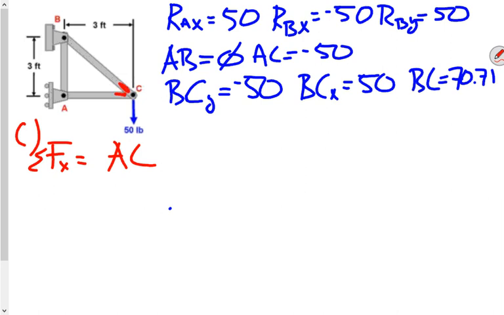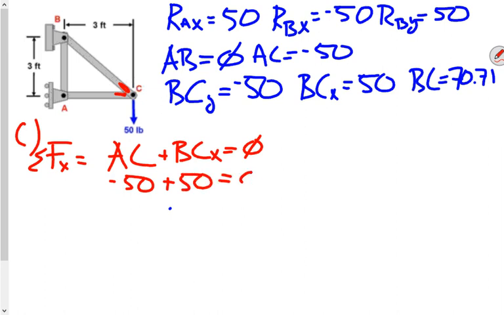We have BC in the X direction. So we have AC plus BCX. Okay? And we already know those. We know AC was equal to negative 50, BCX was equal to positive 50, and hey, that adds up to 0, so we're awesome.